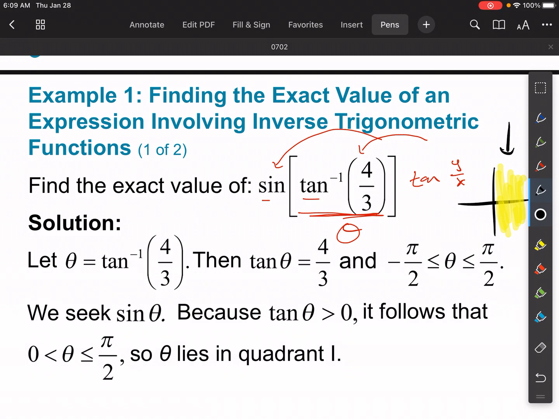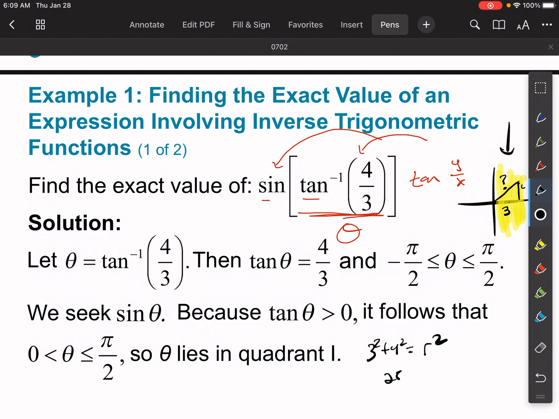Okay, so now that we know that, we can actually draw a triangle. And I encourage you to draw triangles today. We know that the y value in this triangle is 4. The x value is 3. And we can find the hypotenuse using the Pythagorean theorem. So 3 squared plus 4 squared has to equal r squared.